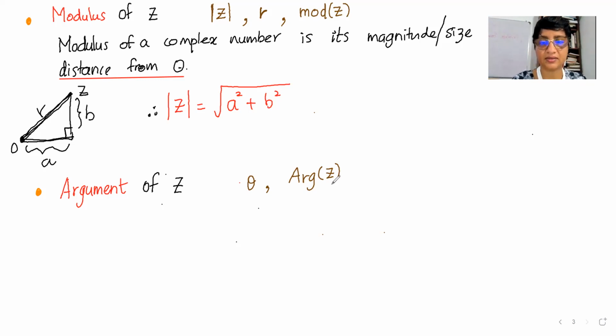I will put simple arg of Z, because for mod I wrote simple M. Doesn't matter, mod of Z or arg of Z.